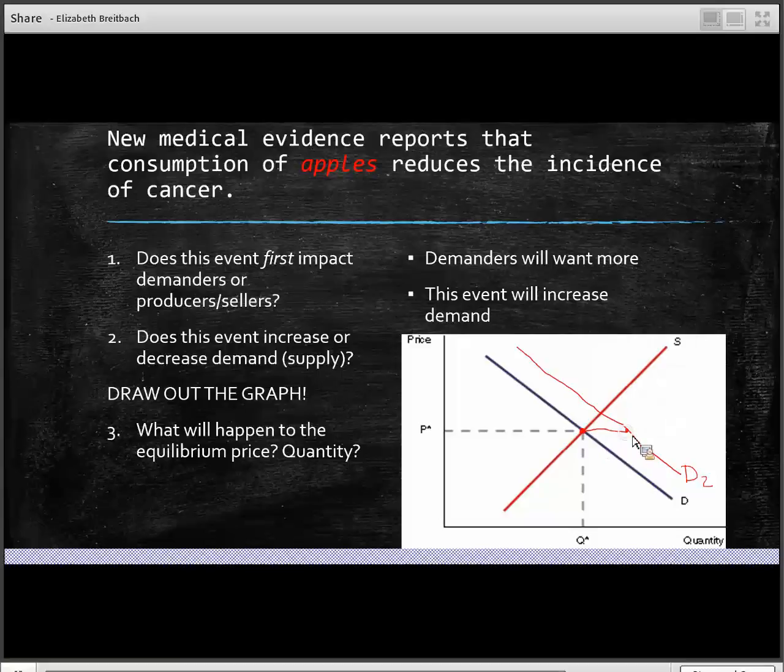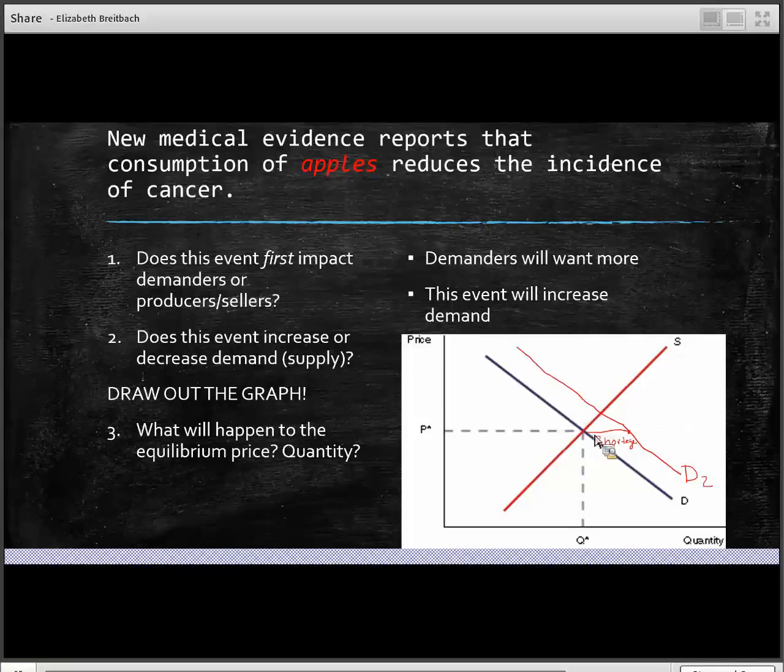Okay, so when our quantity demanded is greater than the quantity supplied, we have a shortage. So quantity demanded is out here, quantity supplied right there, and to deal with our shortage, we know that the price is going to have to increase.